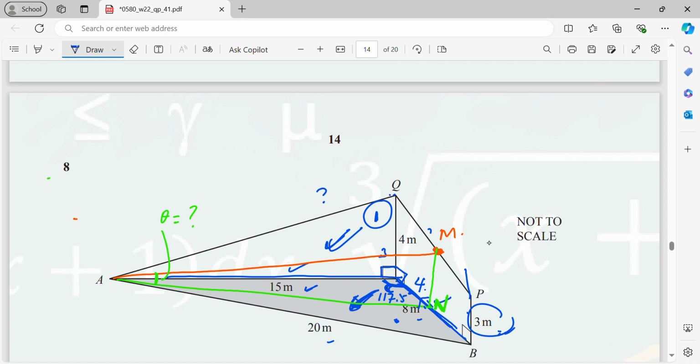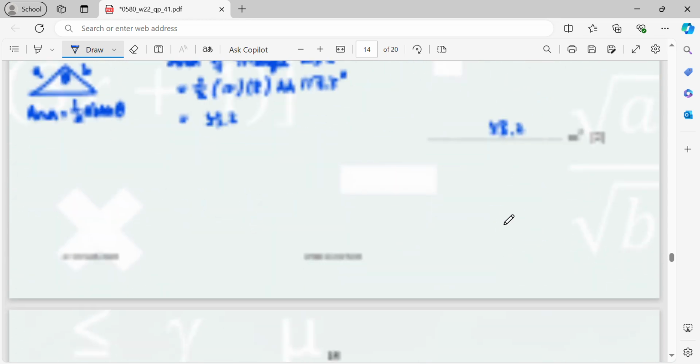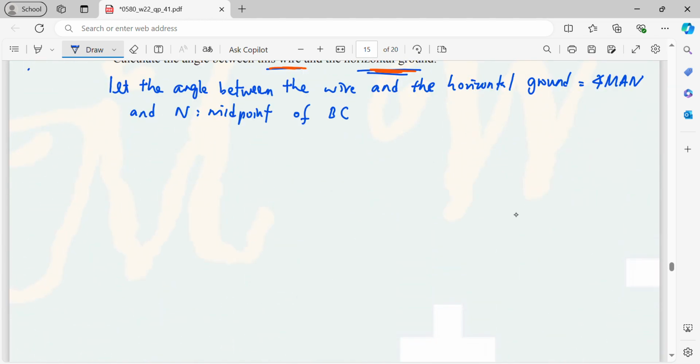And then I have the angle, because just now we have found the angle. So that's why I will refer to the triangle ACN now. Let me draw the triangle ACN. The angle here was already found just now.